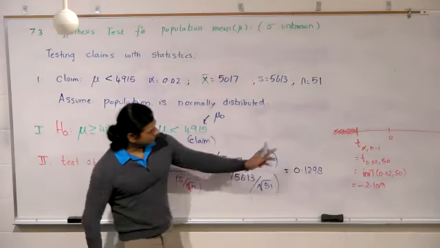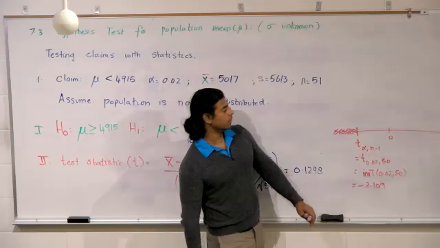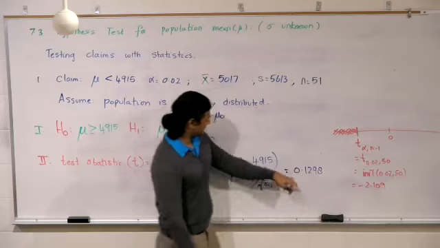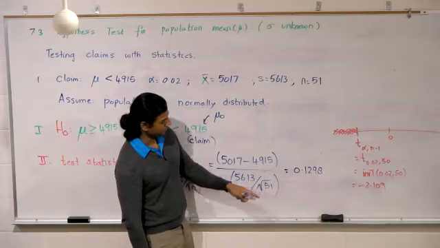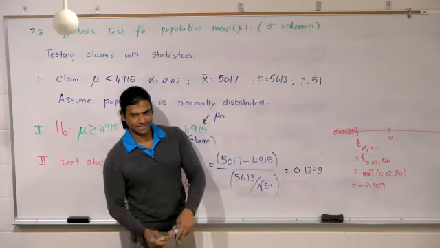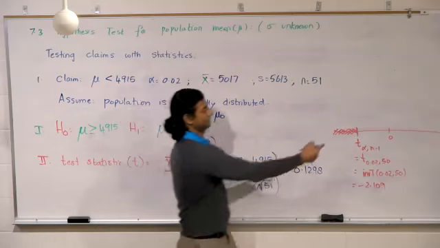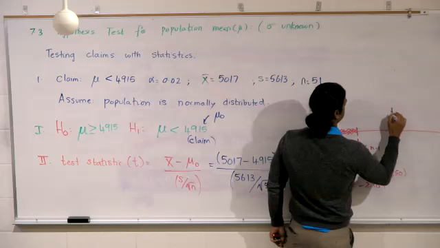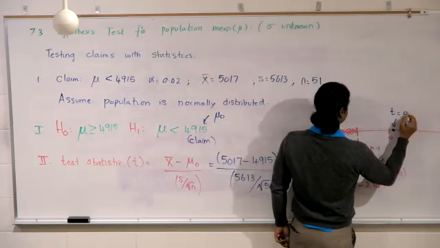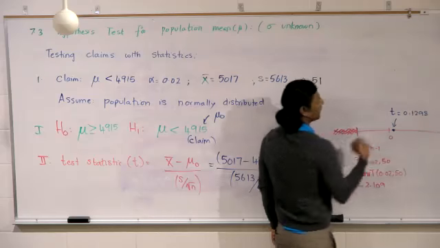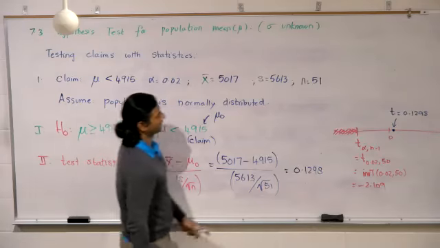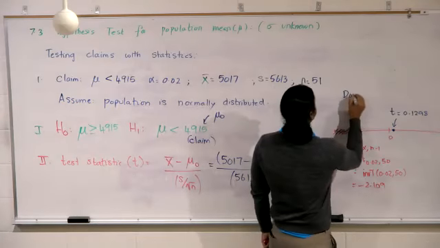So the critical value on our number line is right here, and the test statistic is 0.1298. Where does that lie? Right over here. Should we reject the null? No. Is the claim true?